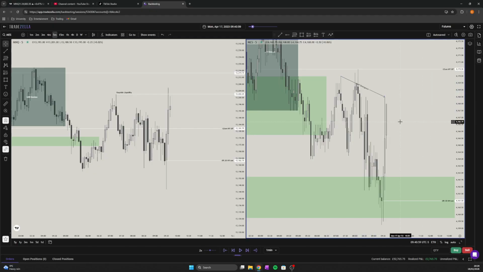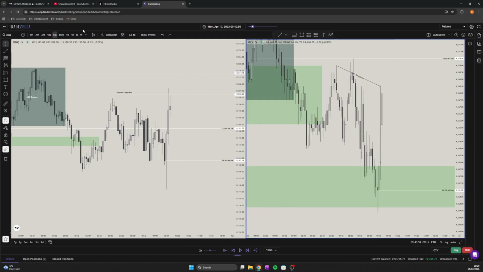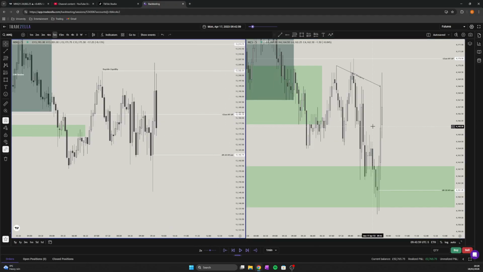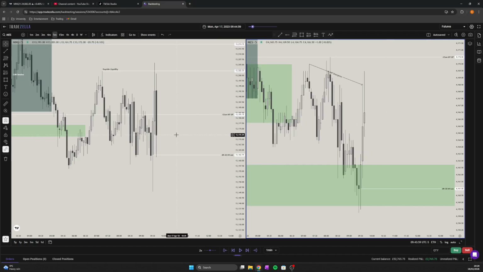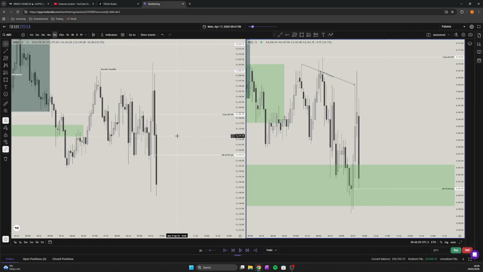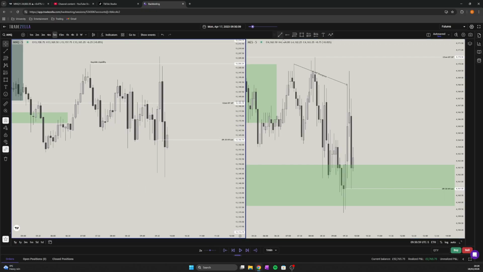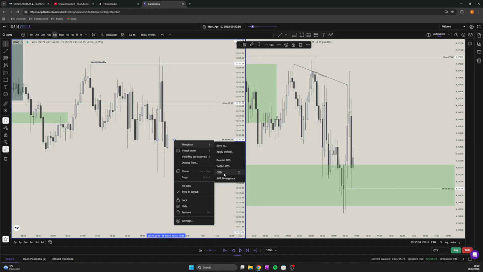So we're in SMT at the minute. Obviously, our change in the state delivery is all the way down here. So what we're doing is just waiting. Okay. There's a change in the state delivery on the 5 minute. Bang.